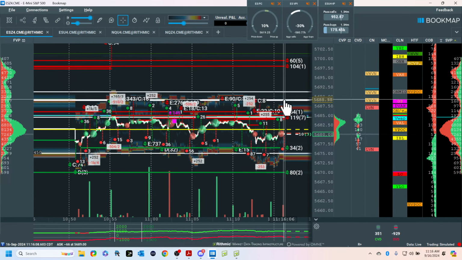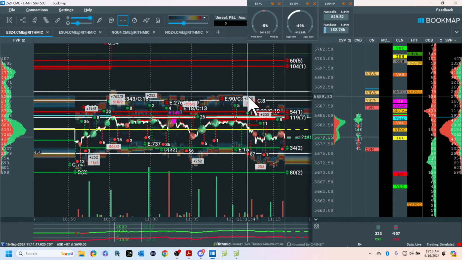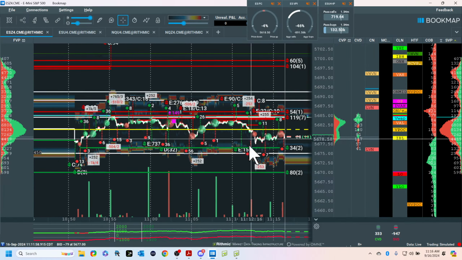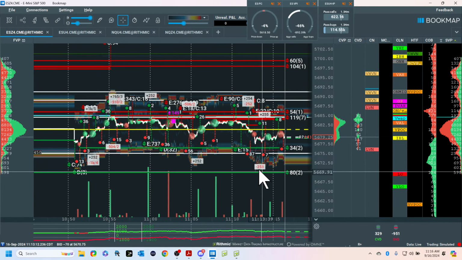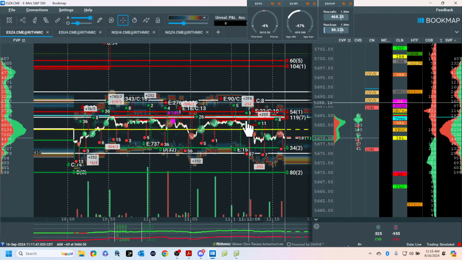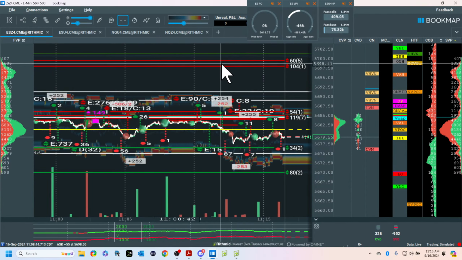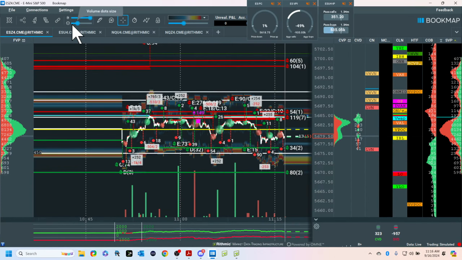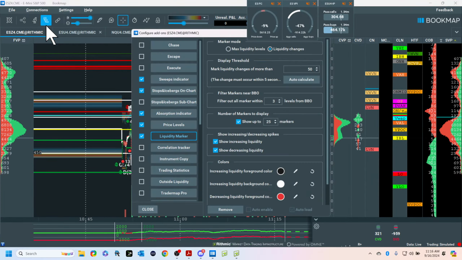But I can also see this in the heat map, so I can see where the liquidity is. But I do like this. With this algo in here, it's not going to show me everything I like to see. Let me see if I can show you something else here.